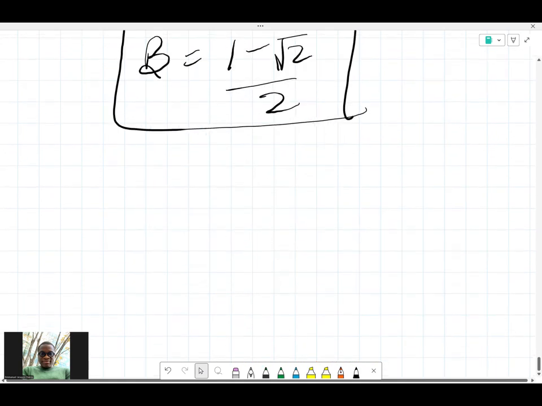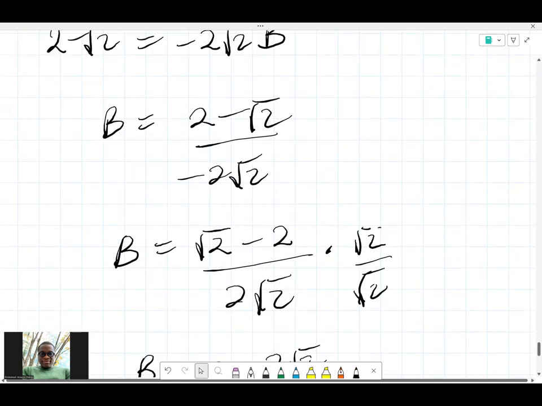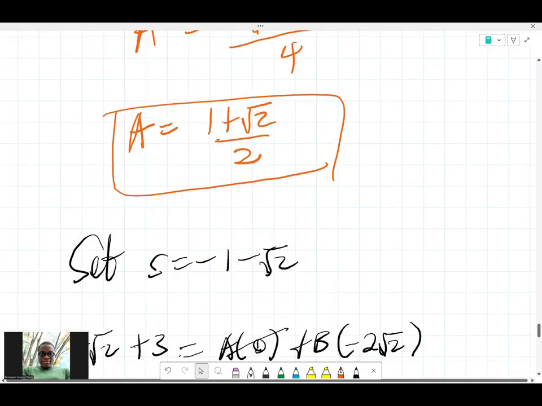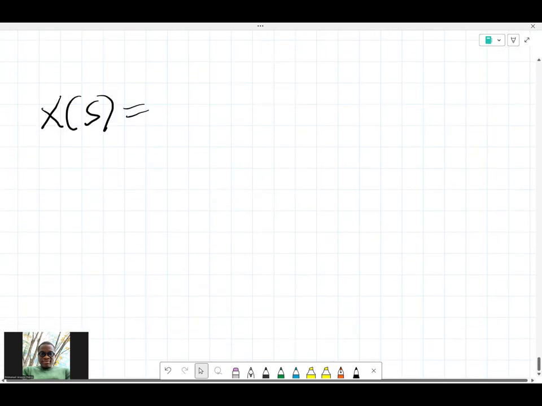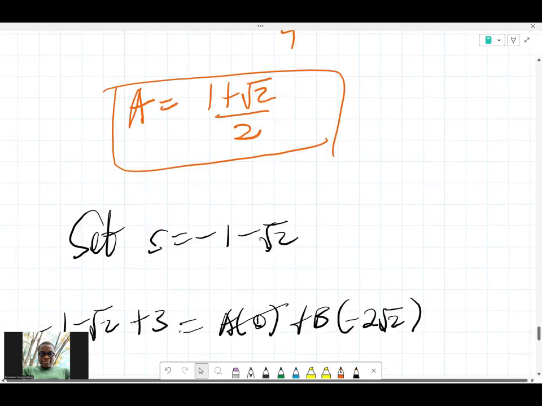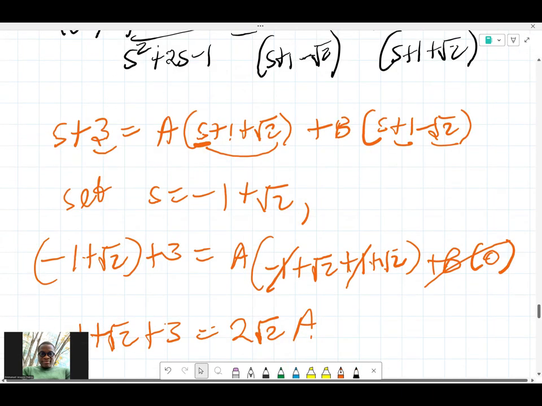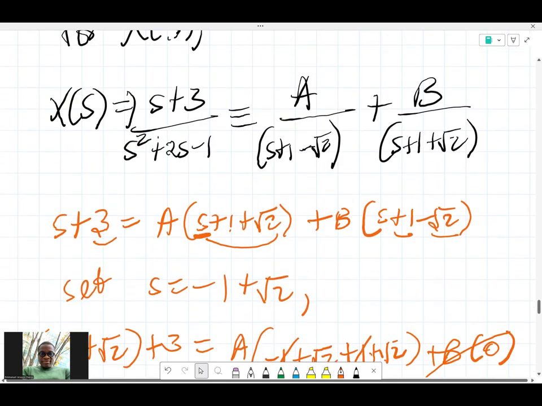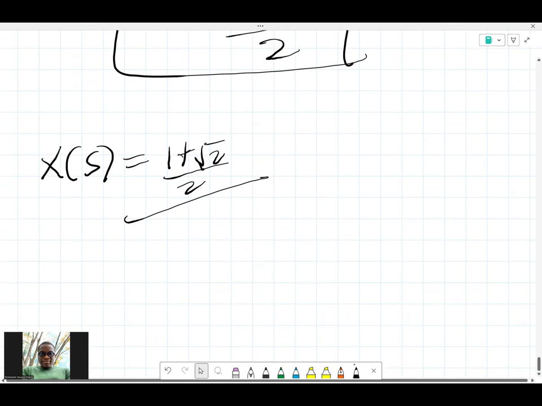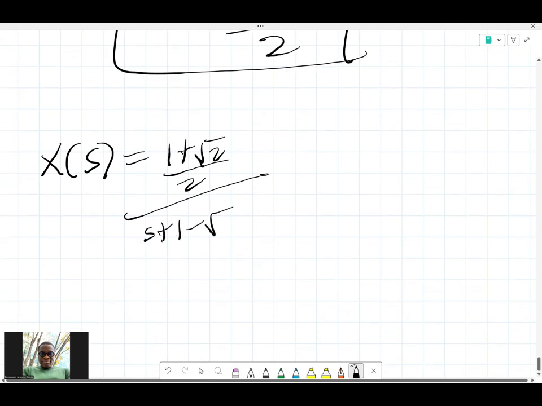So we have x of s now to be the same as a. A is 1 plus root 2 over 2. So 1 plus root 2 all over 2, the whole thing divided by s plus 1 minus root 2.